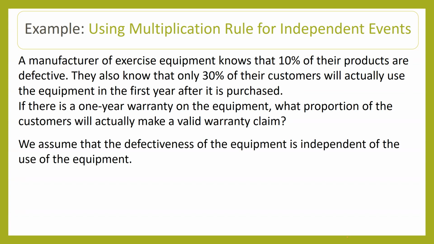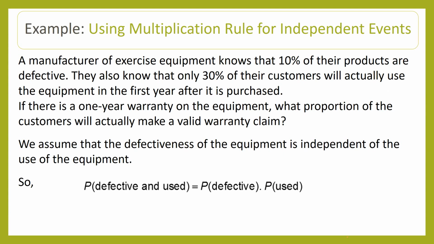Okay. In this case, we assume that the defectiveness of the equipment is independent of the use of the equipment. Since they don't know it's defective in the first place, it doesn't affect whether they use it or not. So you have to use the equipment before you know it is defective.